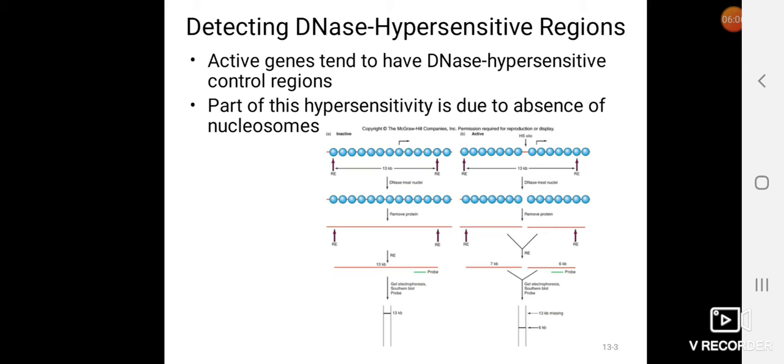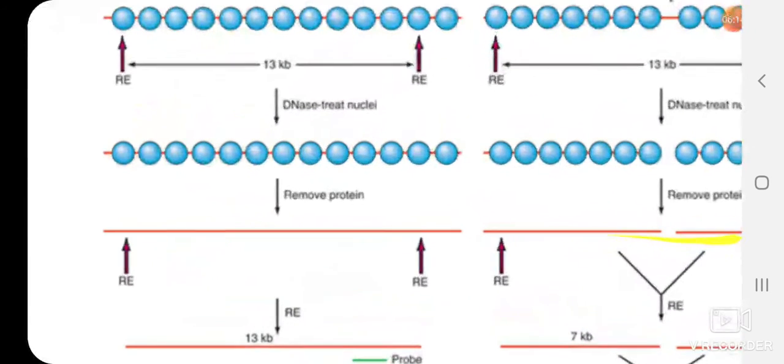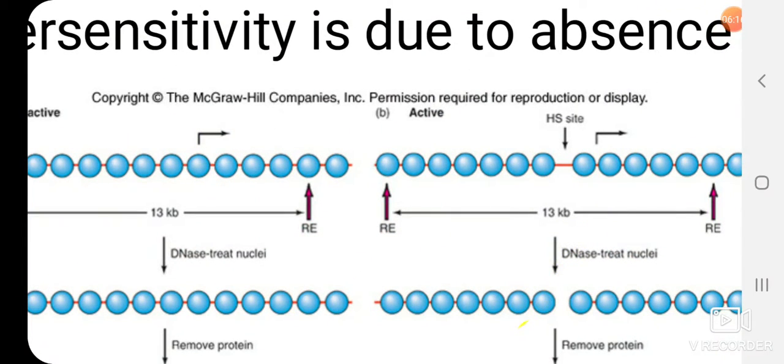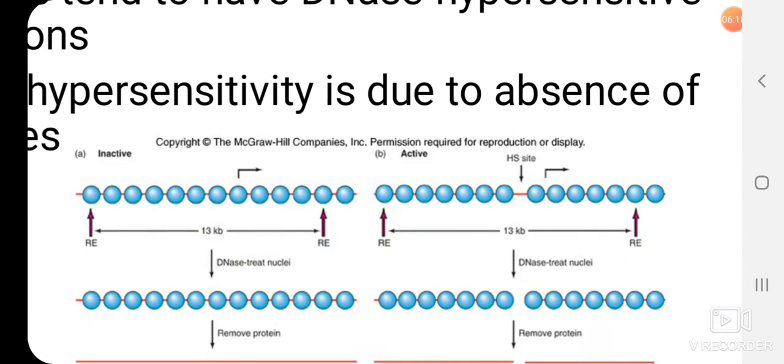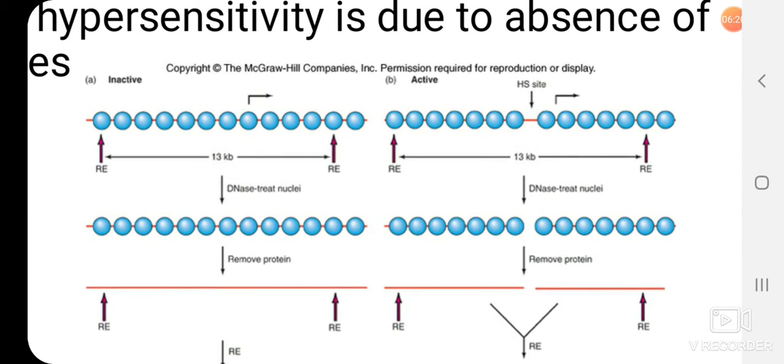When they did so, what they found is that the restriction enzyme cleaved the DNA molecule in one case, and in the other case it did not get cleaved, because the cleavage was possible in one case because there is a small amount of DNA which was free, where the DNA is actually bound and cleaved.